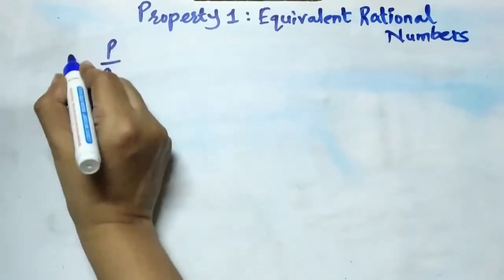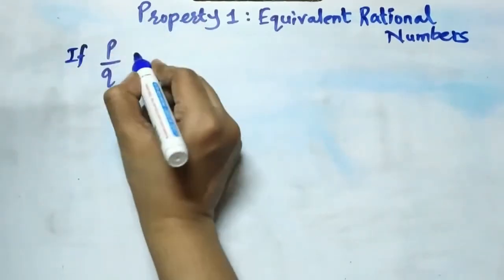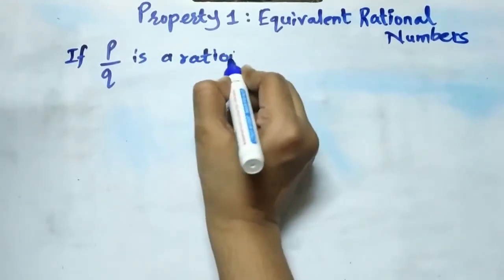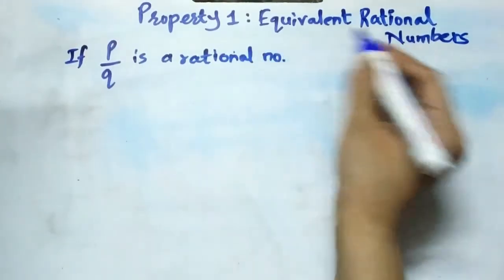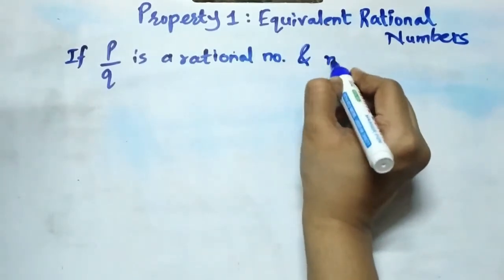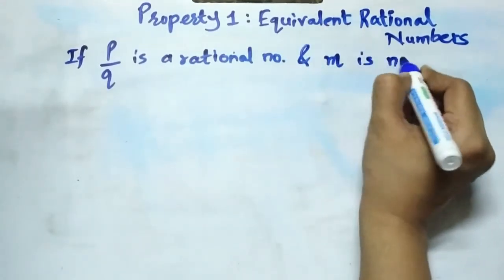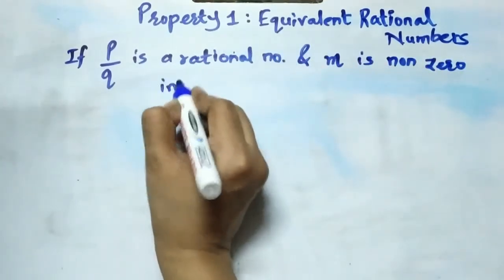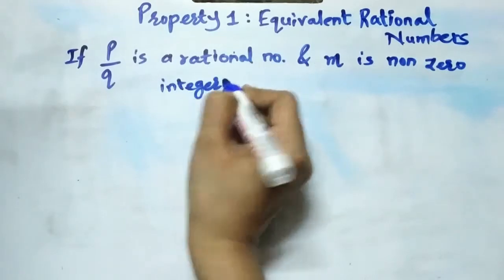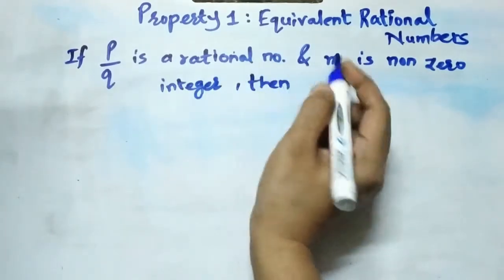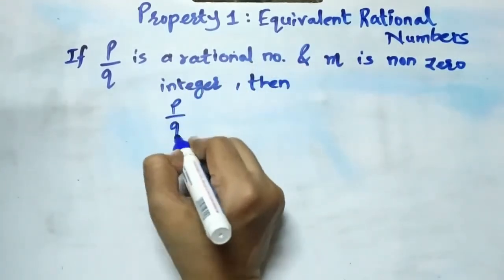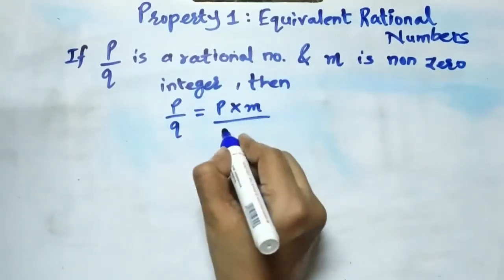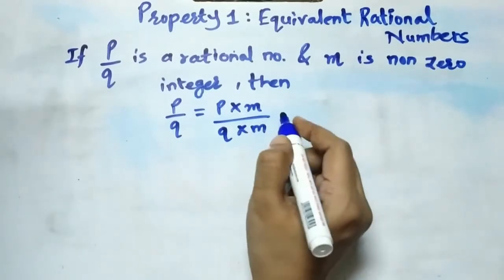So suppose p by q is a rational number, and we are having m as a non-zero integer, then friends, we can get an equivalent rational number of p by q just by simply multiplying with this m in the numerator and with this m in the denominator.